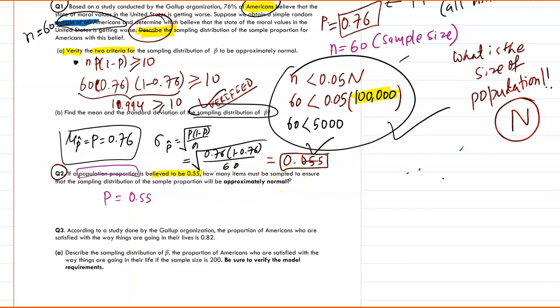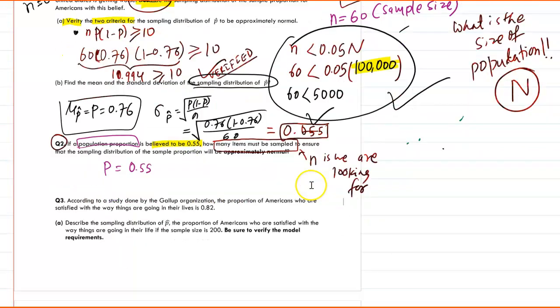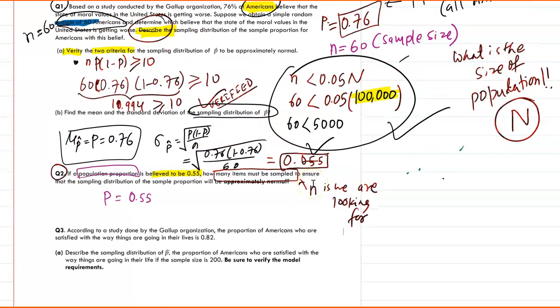That means you are looking for what? Sample size, n, is what we're looking for, right? How many must be sampled to ensure the sampling distribution of the sample proportion will be approximately normal? Did you understand the question?